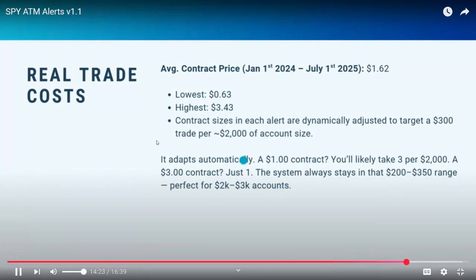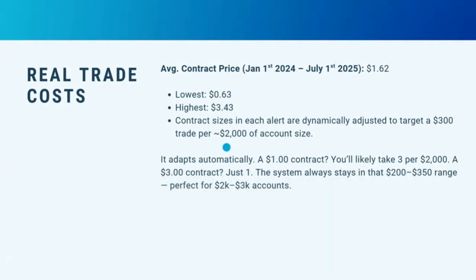So what do I mean by that? What do I mean by the system adapting dynamically and automatically? Well, let's go through an example. If a contract is priced at $1 and you're trading on a $2,000 account, the alert is going to suggest that you take 3 contracts because a $1 contract is really $100, and 3 times 100 is 300.